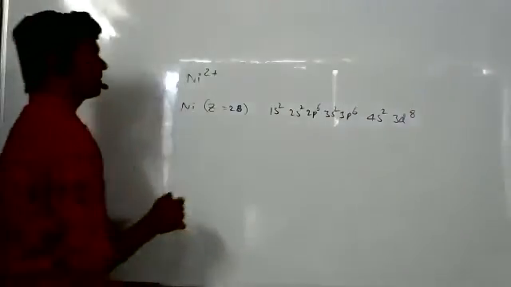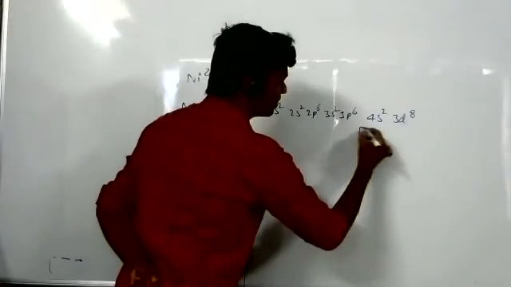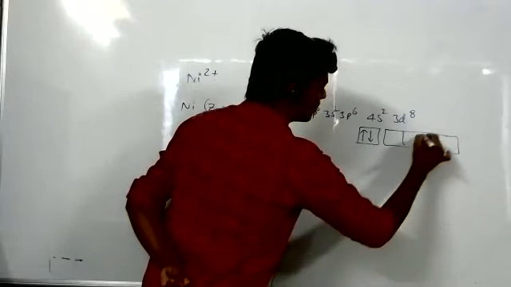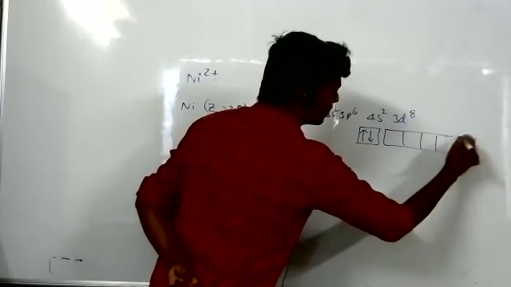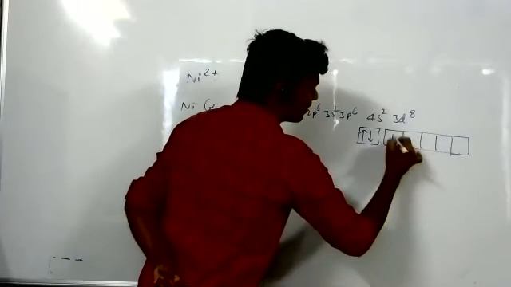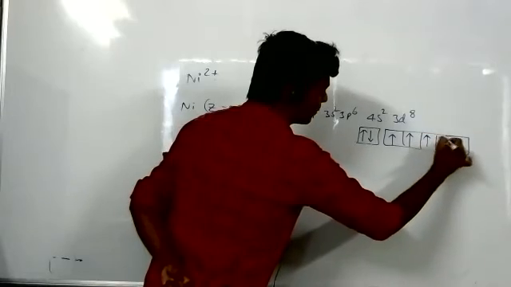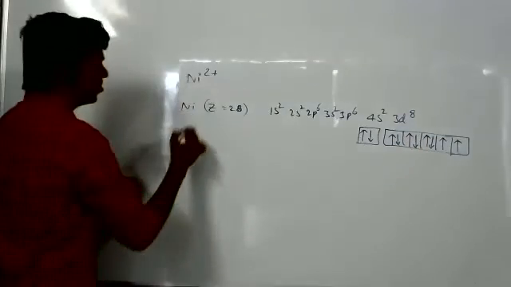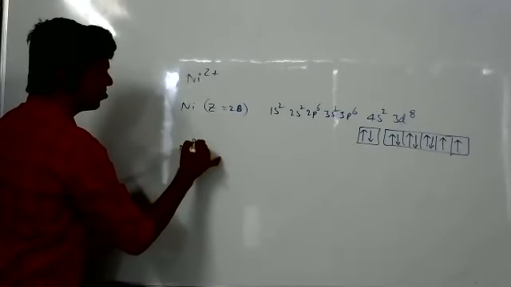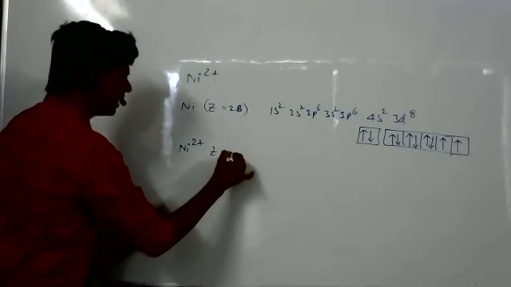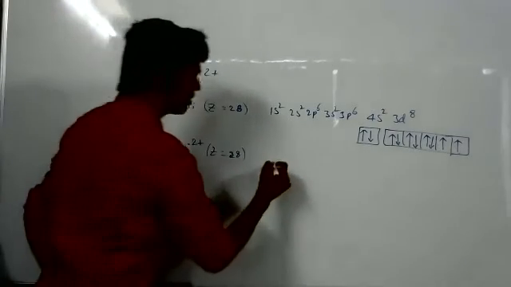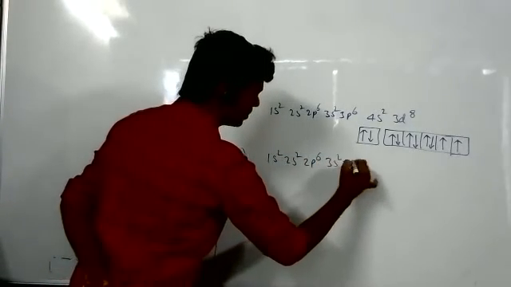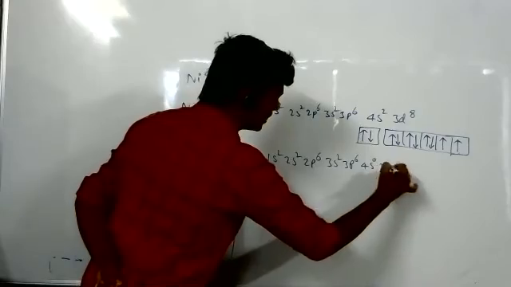We want Ni2+ electronic configuration. Same Z equal to 28, it does not change, but the number of electrons is different: 1s2, 2s2, 2p6, 3s2, 3p6, 4s0, 3d8.